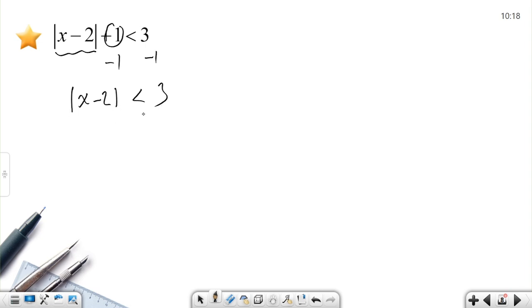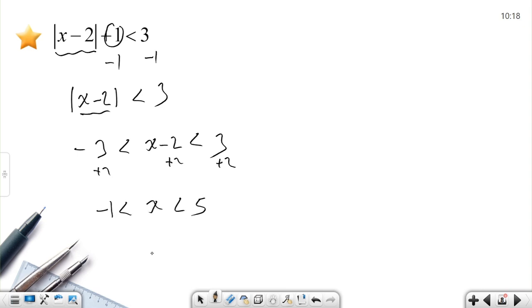So it must be greater than negative 3 as well: negative 3 is less than x minus 2, which is less than 3. I need to solve this compound inequality, adding 2 to each part. Negative 1 is less than x, which is less than 5. You can graph it. You already know how to graph it, so I'm not going to talk about that part.